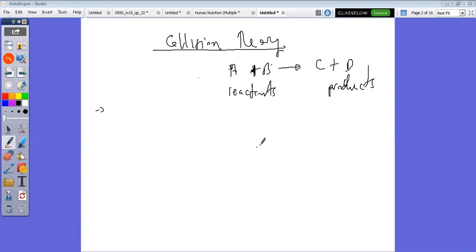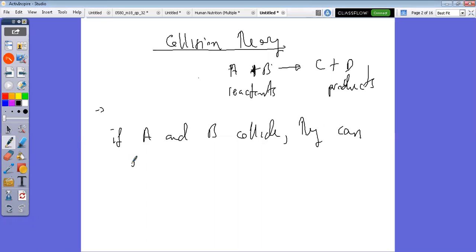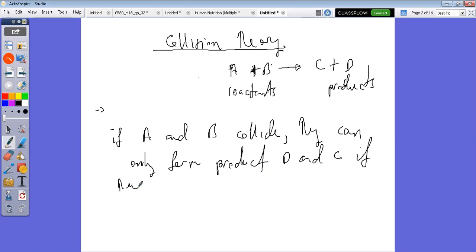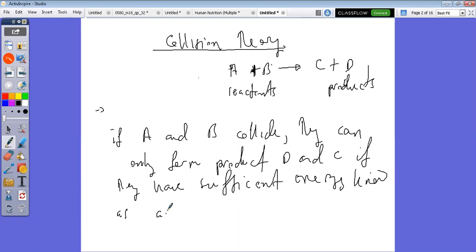So we're saying if A and B collide, they can only form products C and D if they have sufficient energy, known as activation energy.